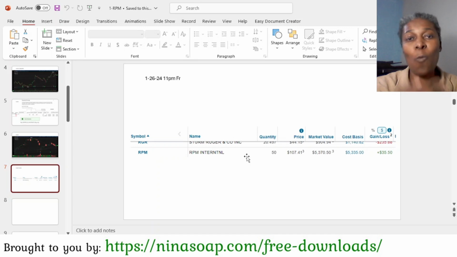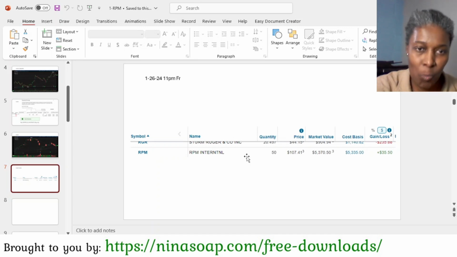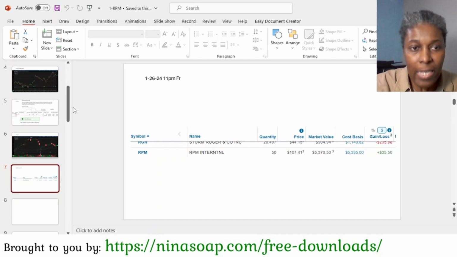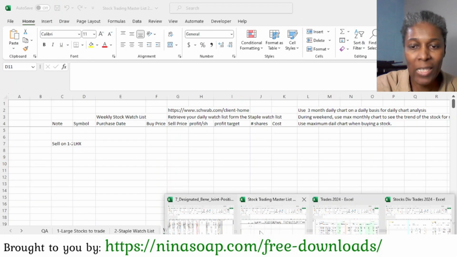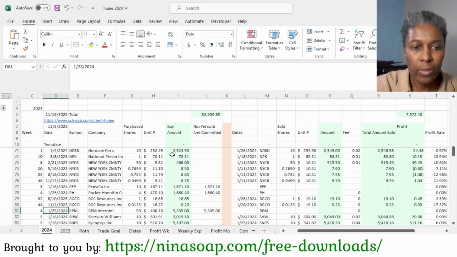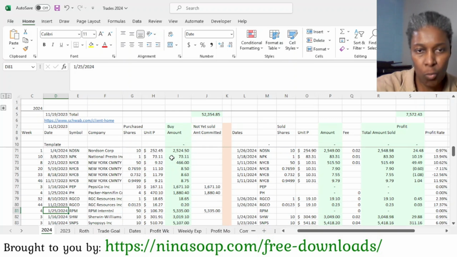It's not the only way to do it, but that's how I'm doing it, and that's pretty much what I'm sharing with you. At least for me, trying to learn swing trading, I just found it useful to screenshot each trade and each day that I have the stocks in my portfolio.